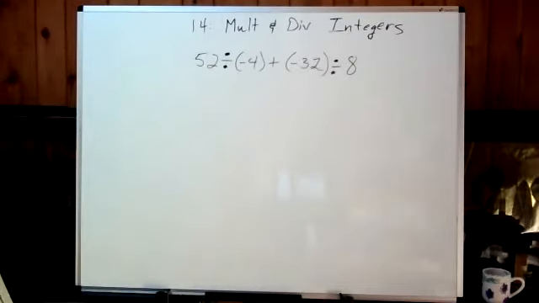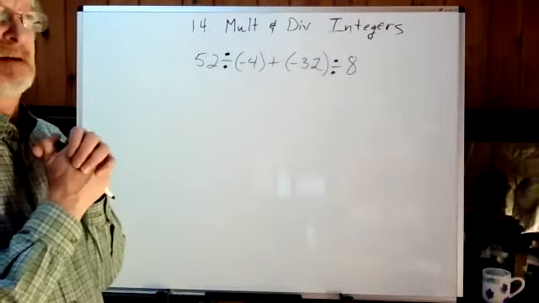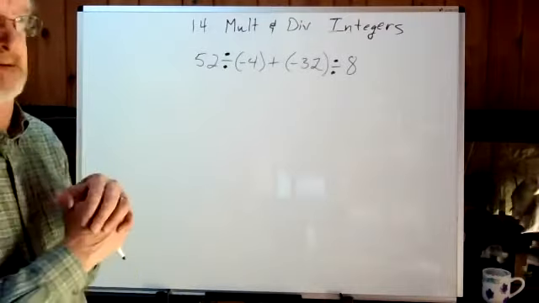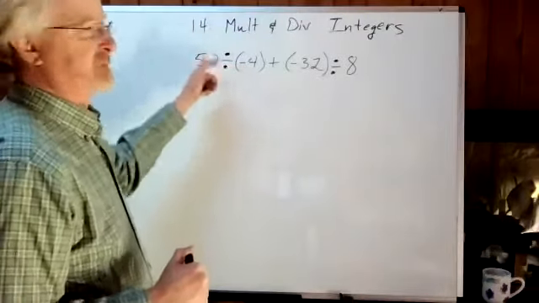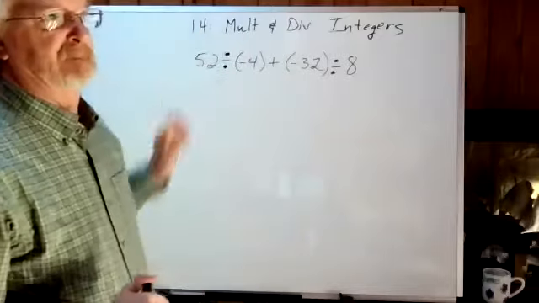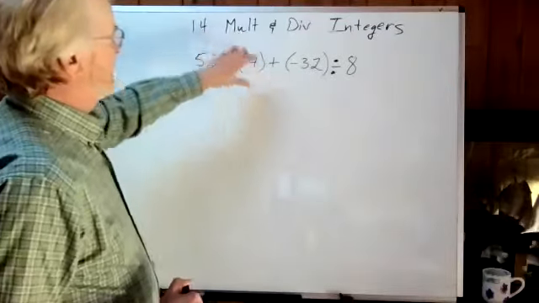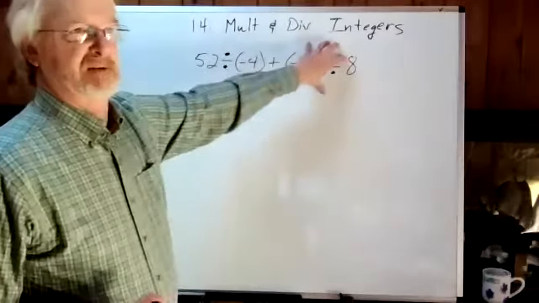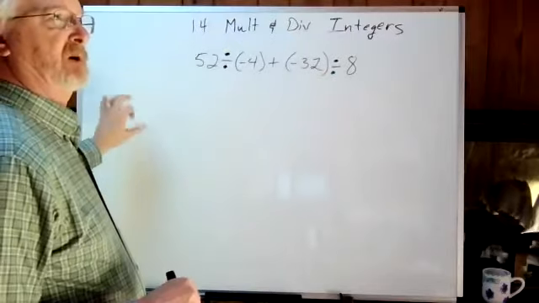No real groupings there, just the parentheses containing the negative signs. I emphasize this: we don't want to put symbols and operations right next to each other. You need the parentheses. So here I have a division plus another division. No groupings, no exponents, so I'm down to multiply or divide.